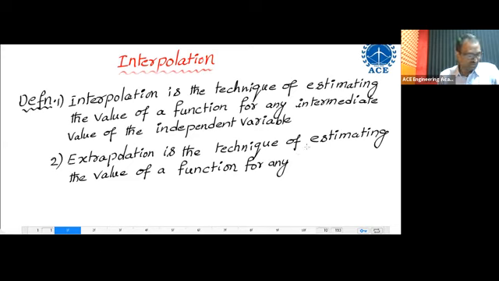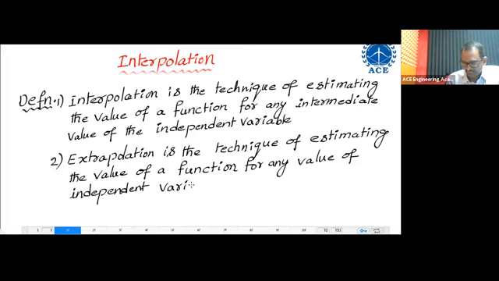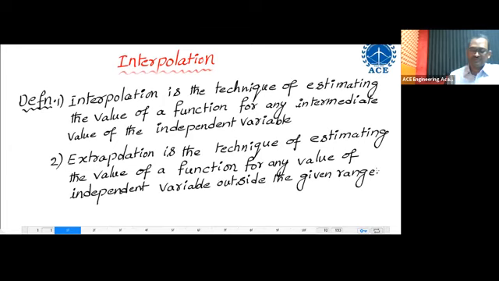For any x value means independent variable. For any value of the independent variable. Independent variable means x. Outside the given range. Next slide.